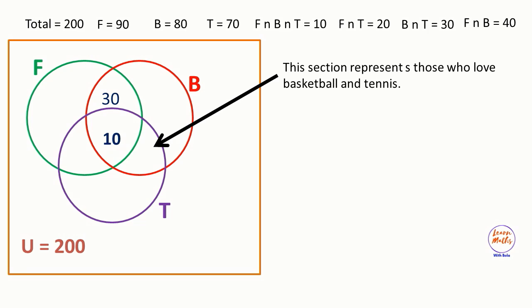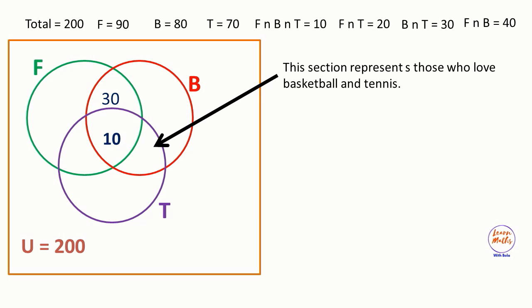Now to write the section that represents those who love basketball and tennis. So we're solving for those who love basketball and tennis only. Remember the word only. So they love only basketball and tennis, and the arrow is pointing to the section for those who love basketball and tennis.